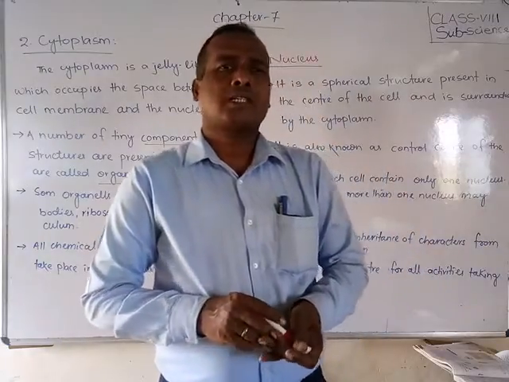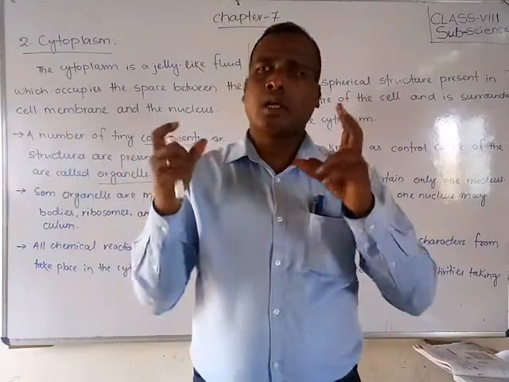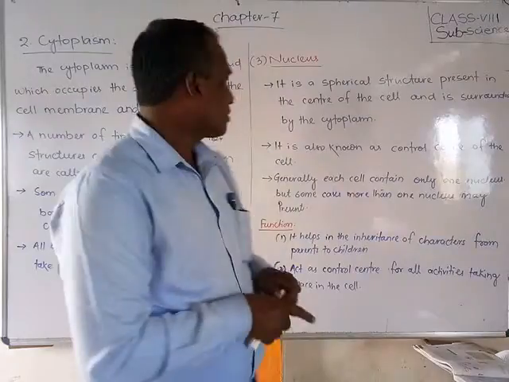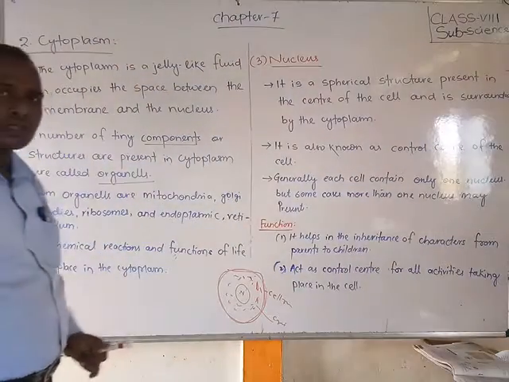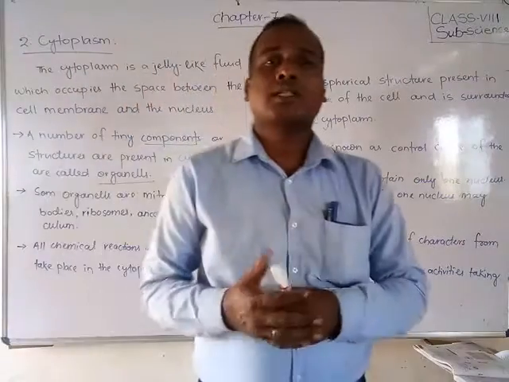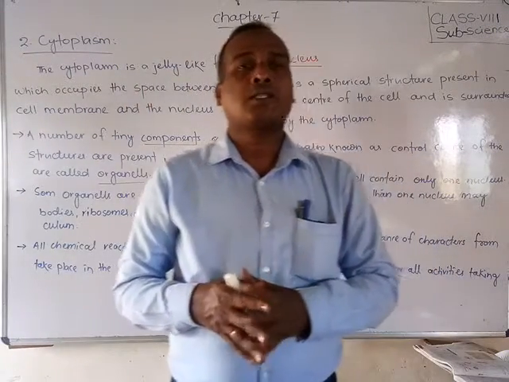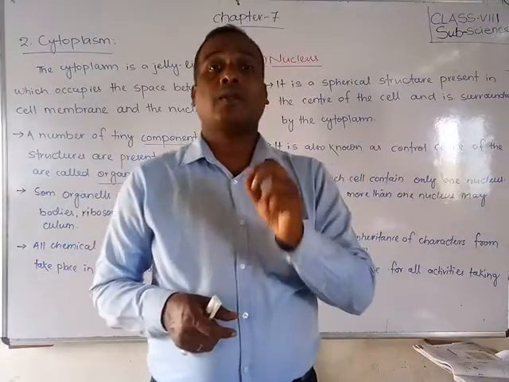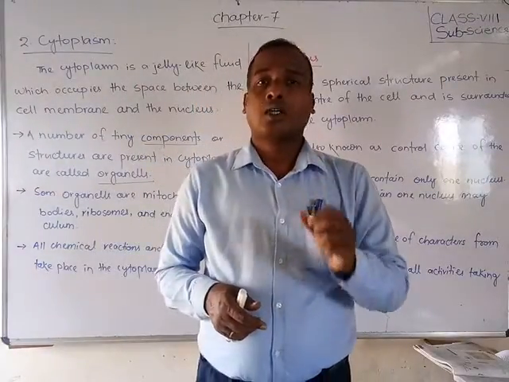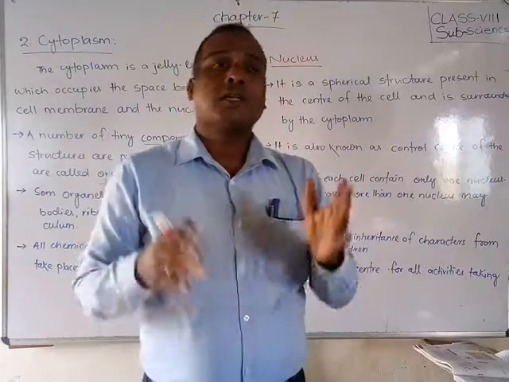These are the general introduction and points about the cytoplasm. Once again, students, the cytoplasm is the second very important component or structure of the main parts of the cell.